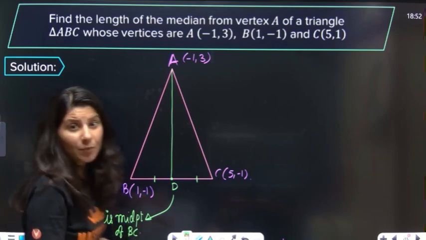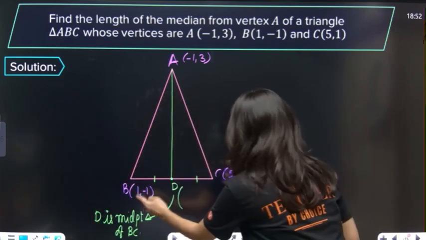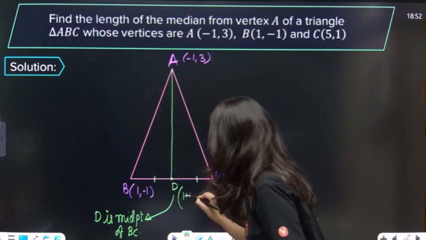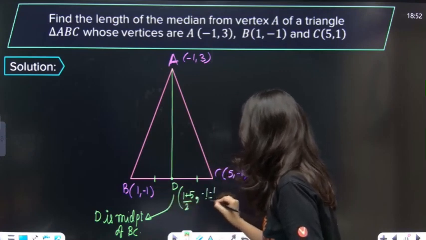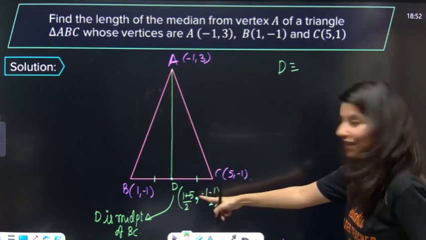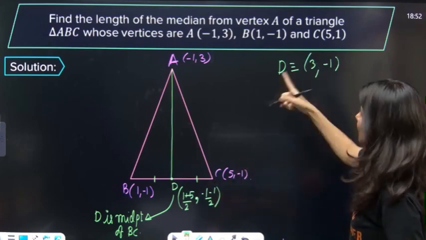Can anybody tell me what the midpoint will be? Quickly. (1 plus 5) by 2, comma, (minus 1 plus minus 1) by 2. So the coordinates of D, you can calculate: 6 by 2 is 3, and minus 1. So this is your D.